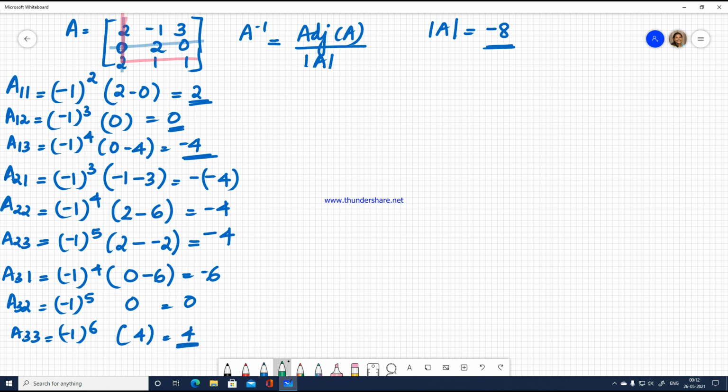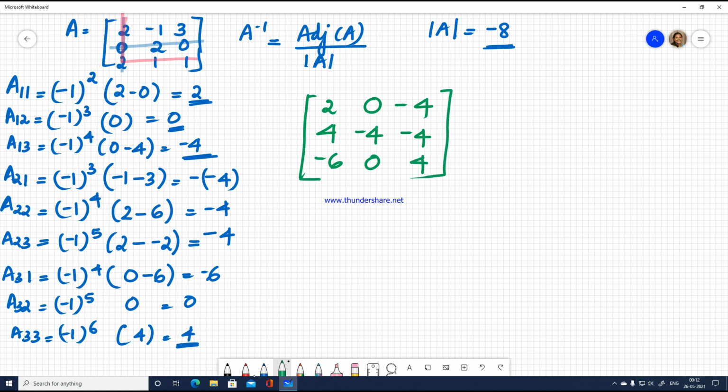Okay, so we have the cofactors, write all the cofactors now. 2, 0, minus 4, 4, minus 4, minus 4, then minus 6, 0, 4. These are the cofactors.